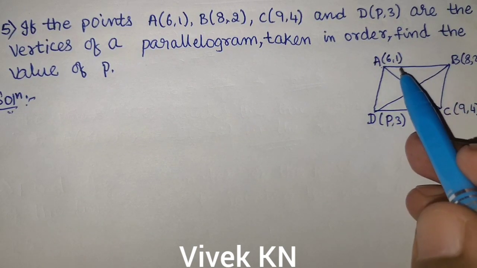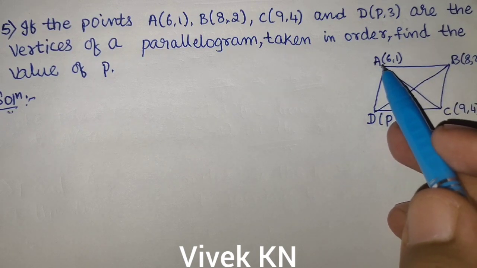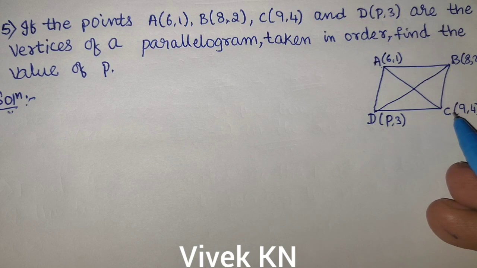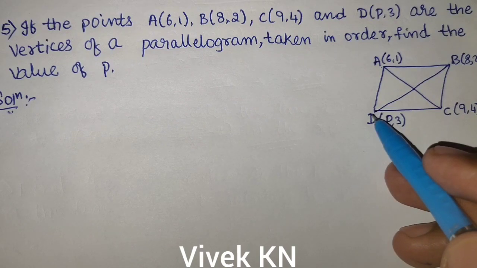When the diagonals of a parallelogram bisect each other, then the coordinates of the midpoint of AC must be equal to the coordinates of the midpoint of BD.